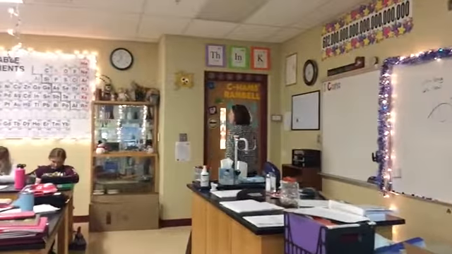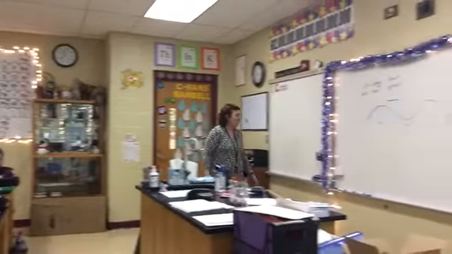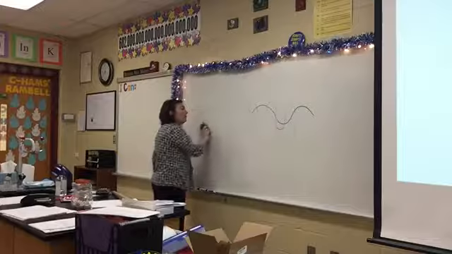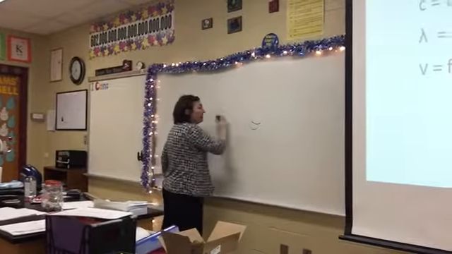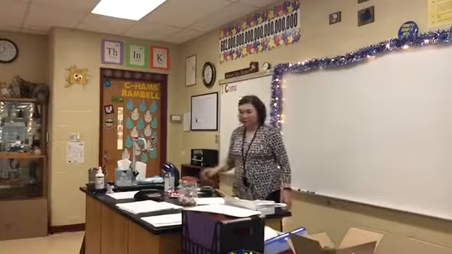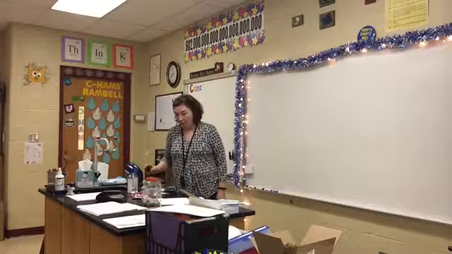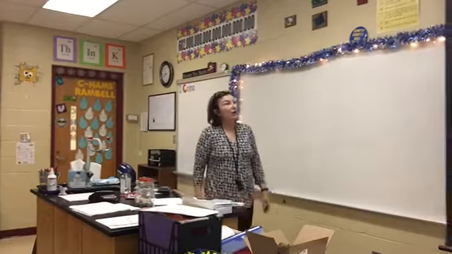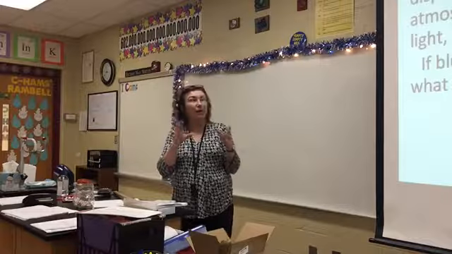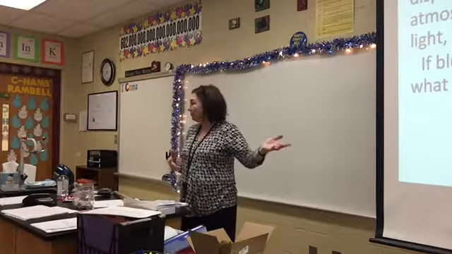Now here's how I would like you to set up your problems. This is what I require for a 5-point grade. Okay? Each problem is worth 5 points. So if I have this problem, the short wavelength of the color blue is dispersed more by the molecules in the atmosphere than the red is. That's why the sky looks blue.